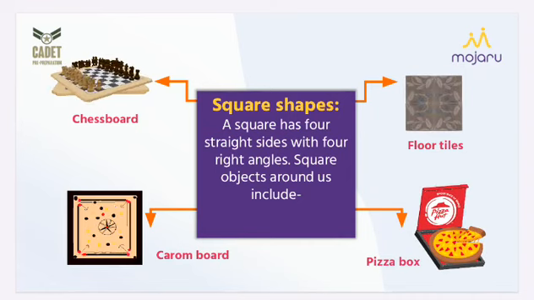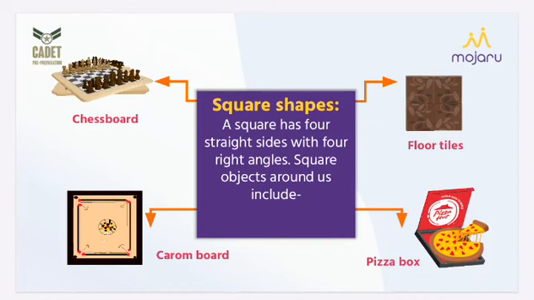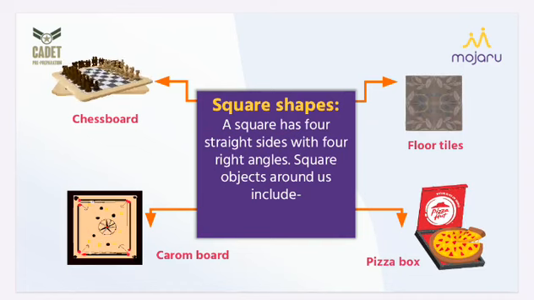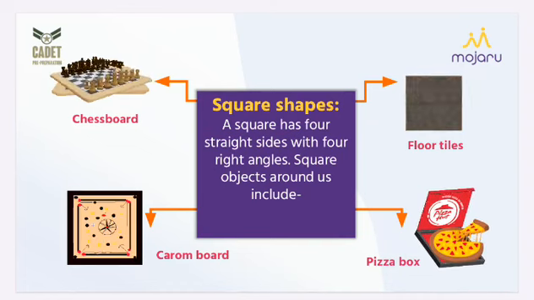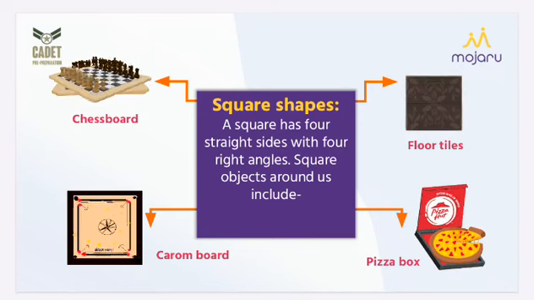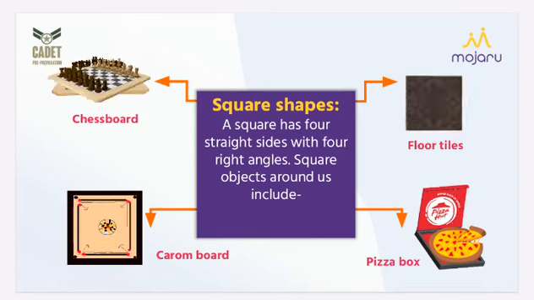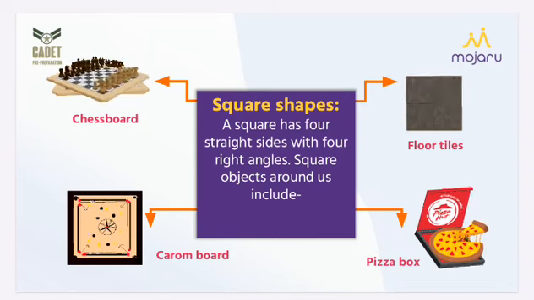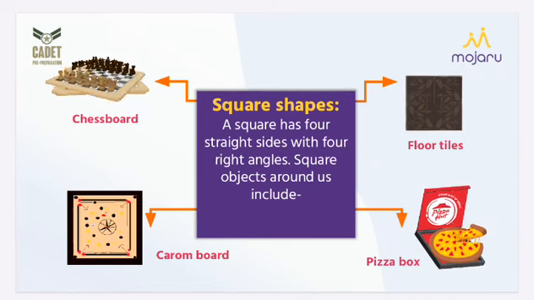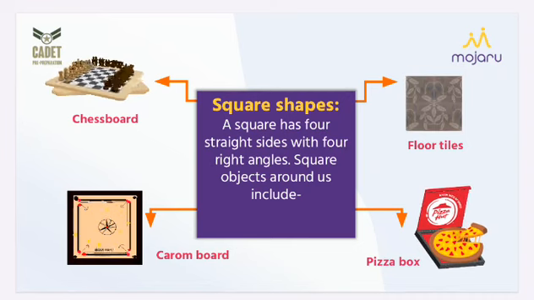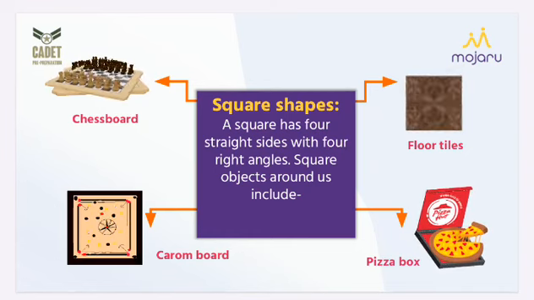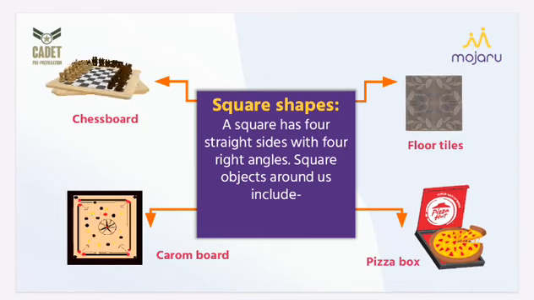Let's come to square shapes. A square has 4 straight sides with 4 right angles. We all know that. Square objects around us include the chessboard. Many of us like to play chess, right? It's an interesting game, and if we notice the board, it is a square shape. Also, every segment of this chessboard, the white and black, is in square shape.